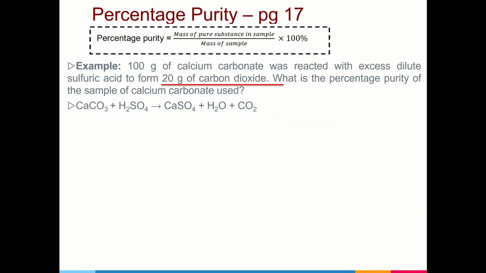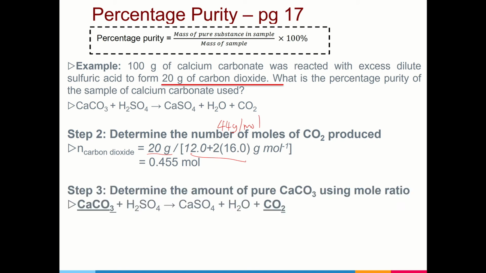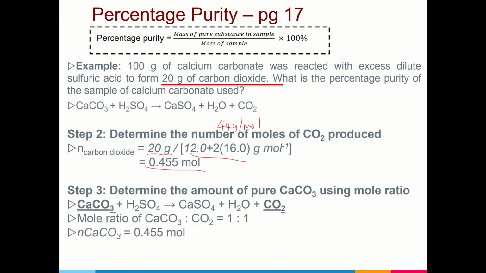So for 20 grams of carbon dioxide, I need to calculate the number of moles: mass over molar mass, which is 44 gram per mole, calculated to be 0.455 moles. I use the mole ratio, which is 1:1. So 0.455 moles of carbon dioxide produced means that 0.455 moles of calcium carbonate is used.